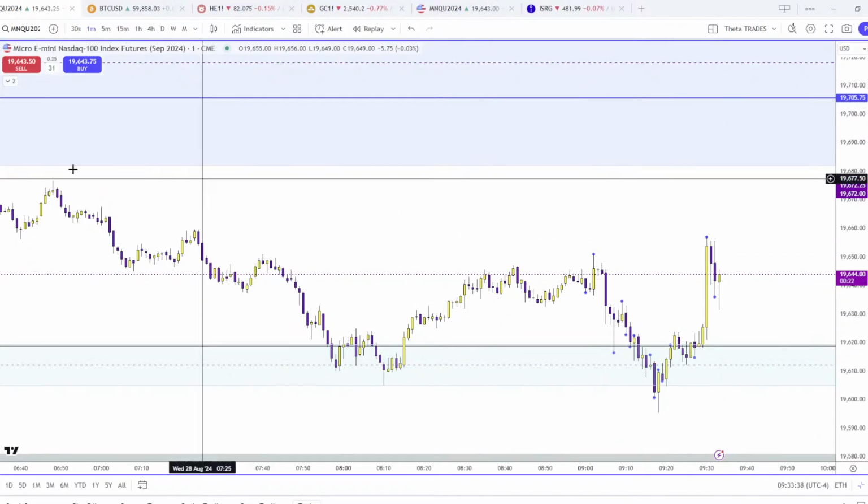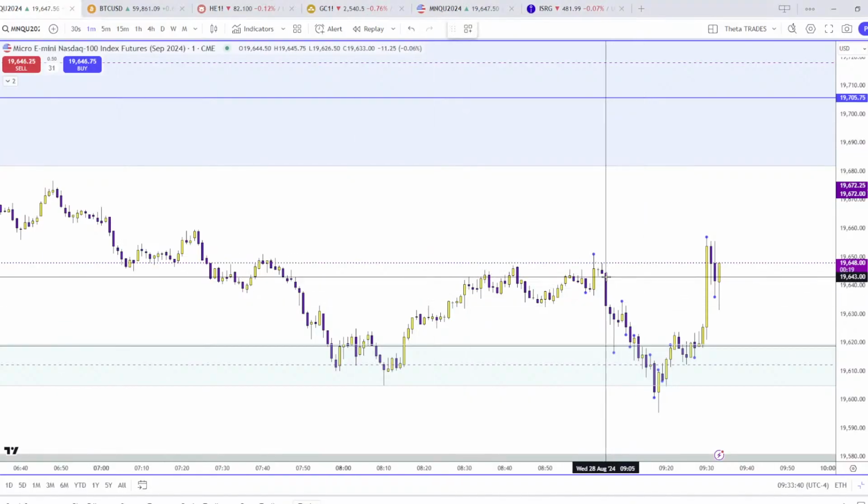We'll see where this level here is supported or not.